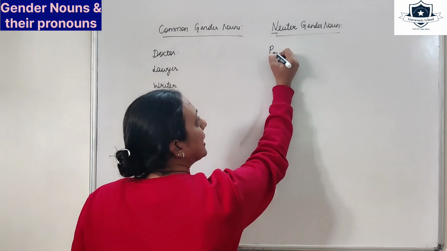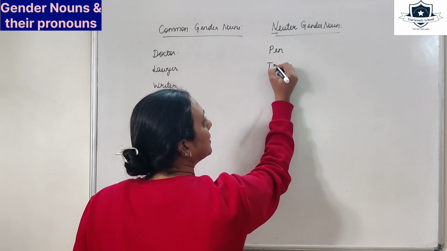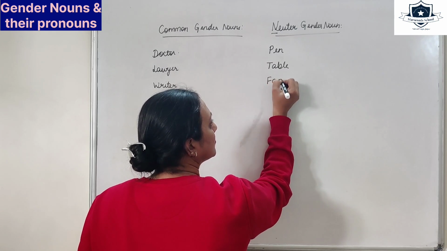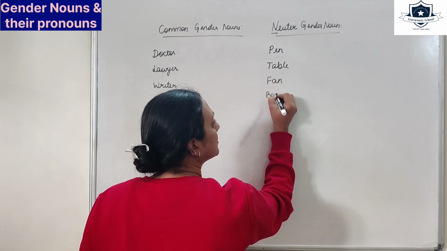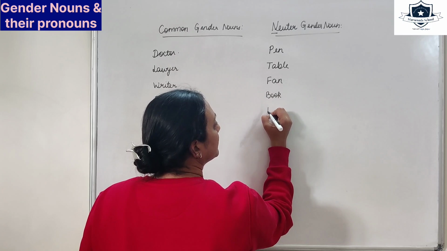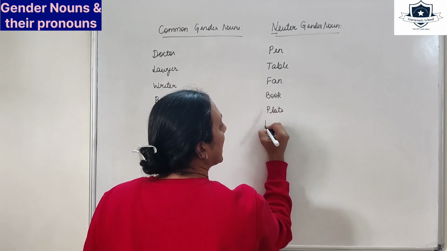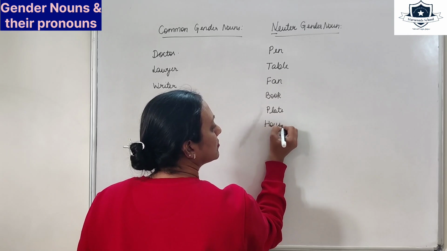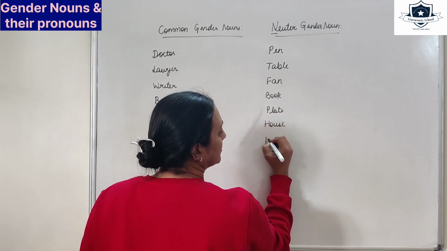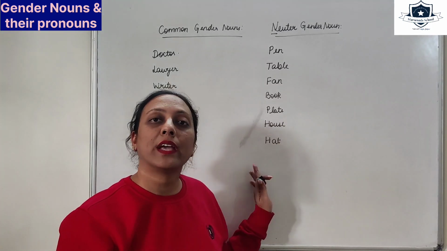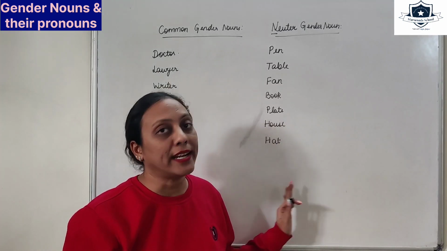So your pen, table, fan, book, plate, house, hat. These are a few words where you cannot judge the gender.